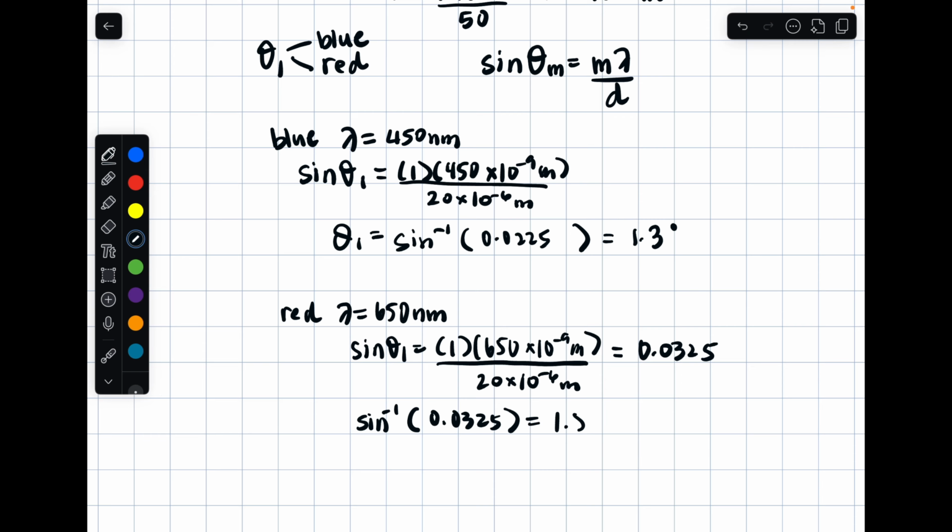We get 1.86 degrees for the angular location of the red bright fringe.